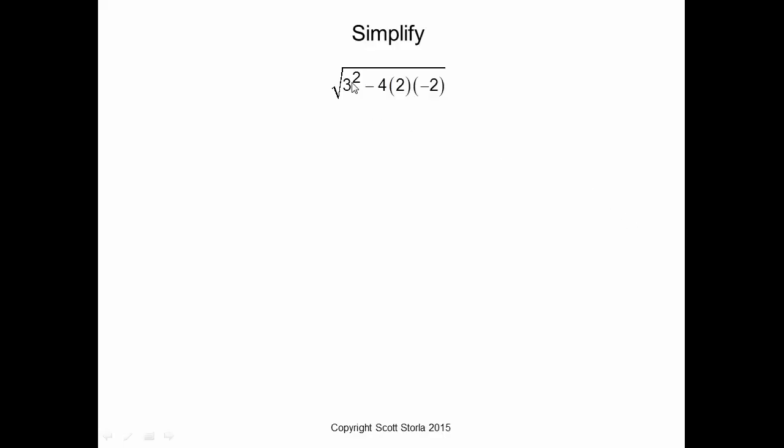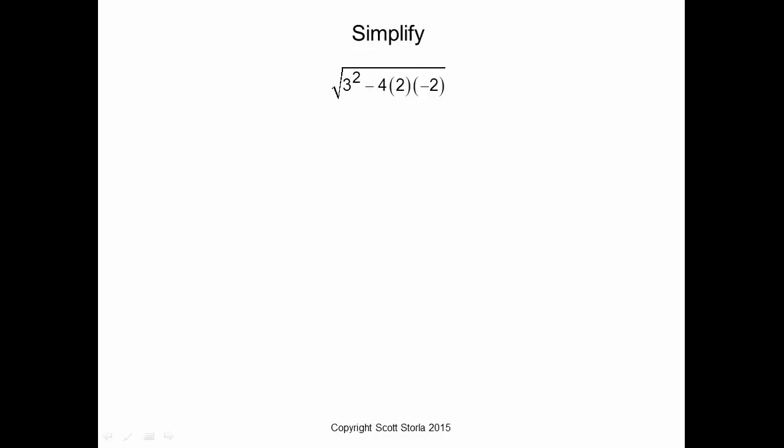Here there's 1, 2, 3, 4, 5 operations to perform. There's implicit grouping, that is, the radicand has to be done first. In the radicand, I have power, and I have multiplication and subtraction. Sometimes students have a difficult time understanding how to process this. They wonder, is it a negative 4 or a subtract 4?